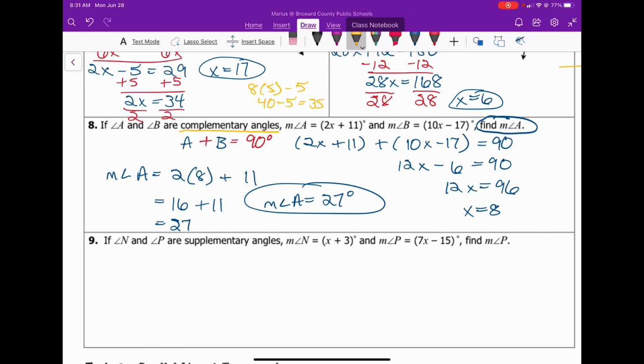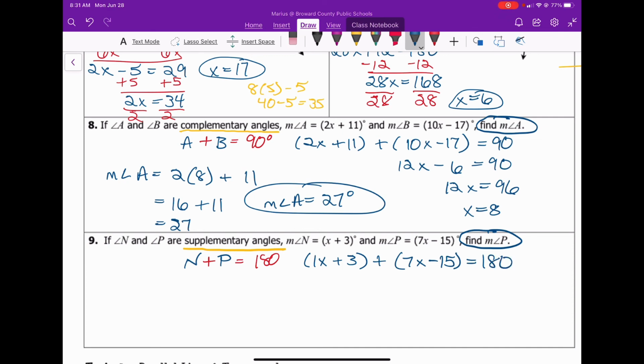Find the measure of angle P. So they want us to find the measure of angle P given this information, which says that they're supplementary, which we know we have to add to equal 180, and the two angles that we're adding to equal 180 are N and P. So that's going to give us 1x plus 3 plus 7x minus 15 equals 180.